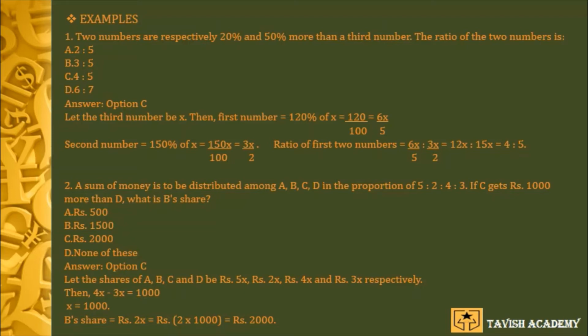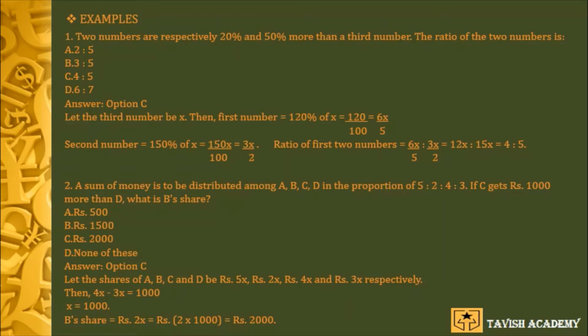The second number will be 150% of x, which is equal to 150x divided by 100, which is equal to 3x upon 2. Now, the ratio of the first two numbers will be 6x upon 5 is to 3x upon 2. Therefore, the solution will be 12x is to 15x, which is equal to 4 is to 5.